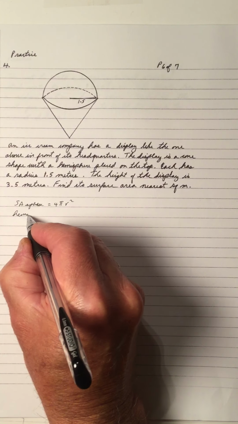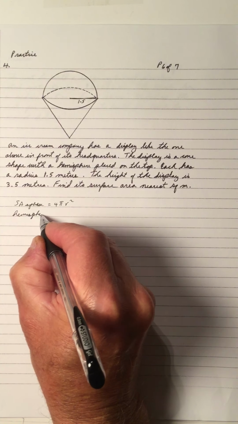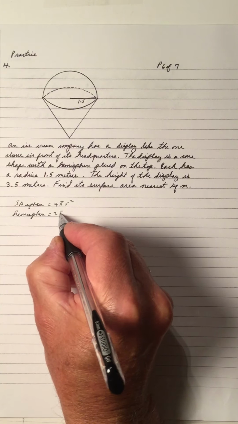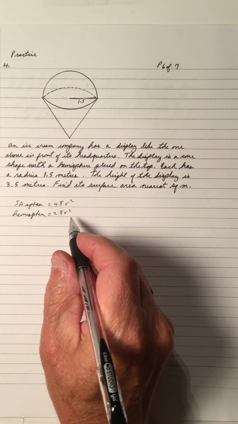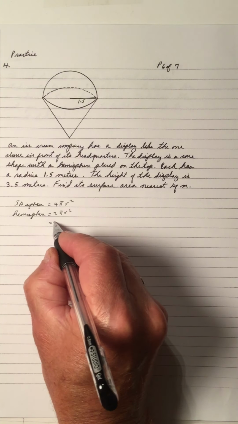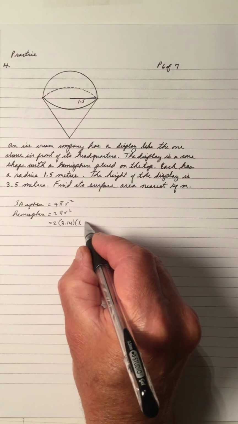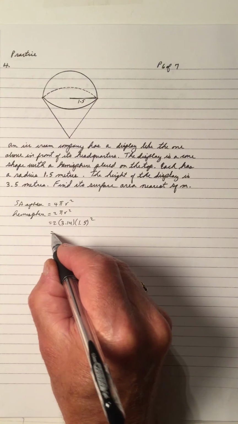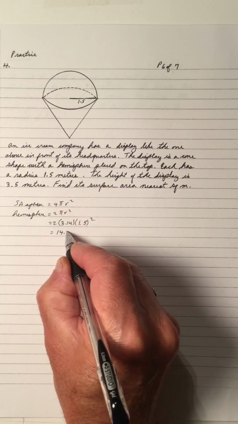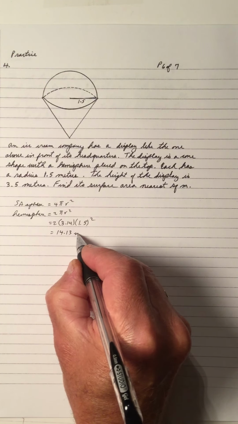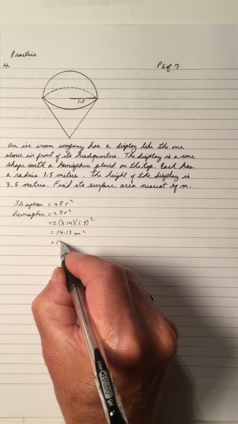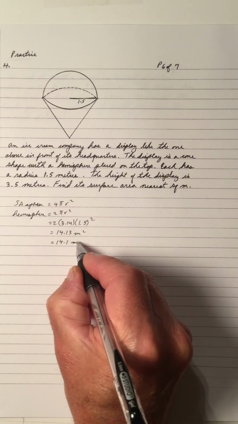So the surface area of a hemisphere is half of that, 2 pi r squared. So that means 2 times 3.14 times the radius, 1.5, squared. When you work that out, you get 14.13 square meters. So let's just round that off to 14.1 square meters.